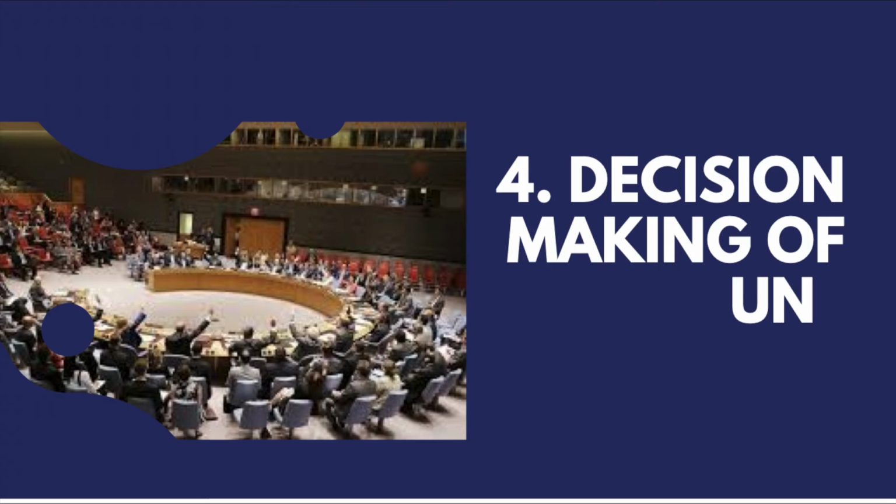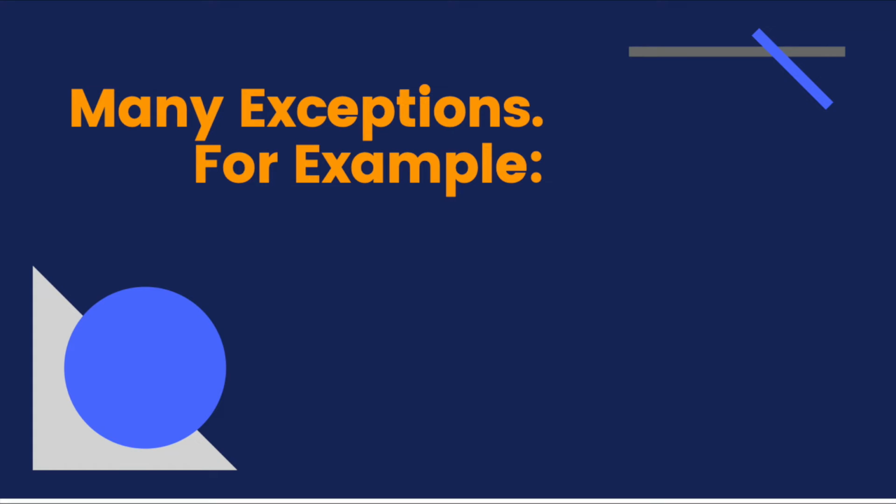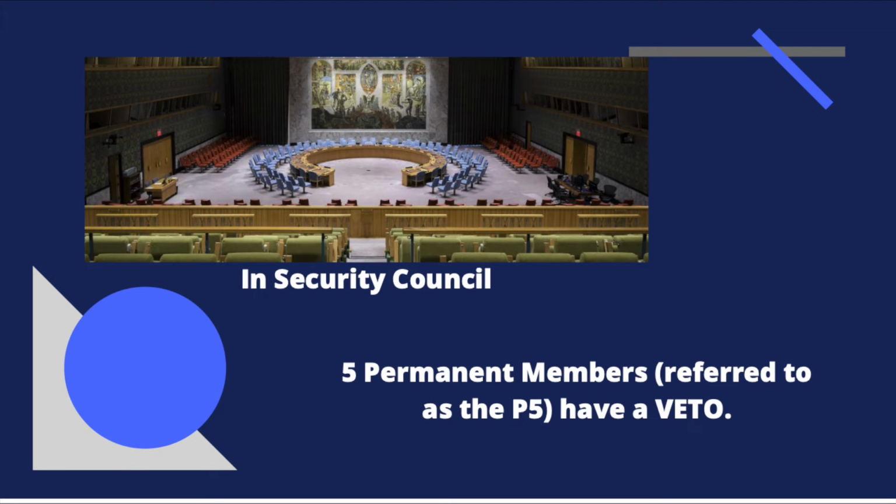And the last is the decision making of the UN. Decisions are made in varying ways depending on the specific meeting or issue. The common formula is a vote of all members, with a simple majority deciding the outcome. This rises to a majority of at least two-thirds on some issues, such as membership. But there are many exceptions. For example, in the Security Council, the 5 permanent members, referred to as the P5, have a veto.